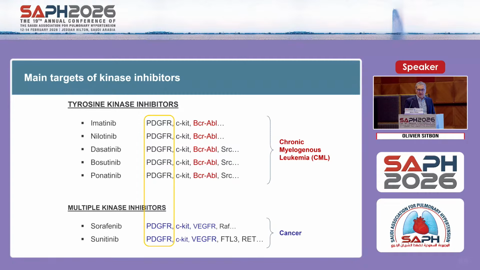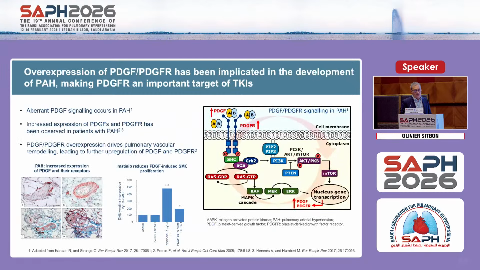All those tyrosine kinase inhibitors target the PDGF receptor, and it's true for the tyrosine kinase inhibitors, but also for multiple kinase inhibitors such as sorafenib. And we know that there is aberrant PDGF signaling in pulmonary arterial hypertension, and we observed in those patients an increased expression of PDGFs and PDGF receptors.